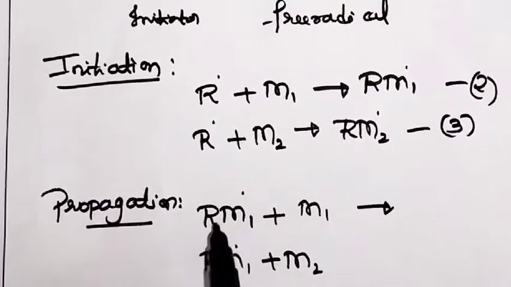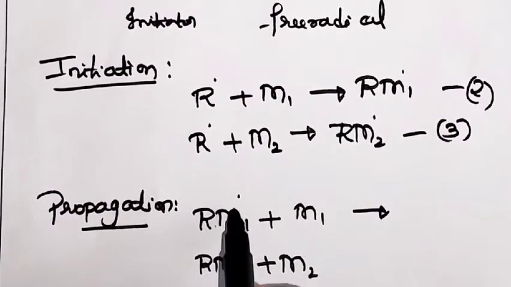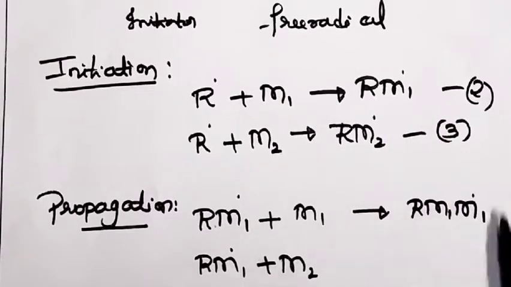Now suppose it is attacking M1. The free radical over here will shift over here, giving the M1M1 free radical. Similarly, here also the same happens, the free radical shifts here, giving the M1M2 free radical. So far we considered only the M1 free radical.